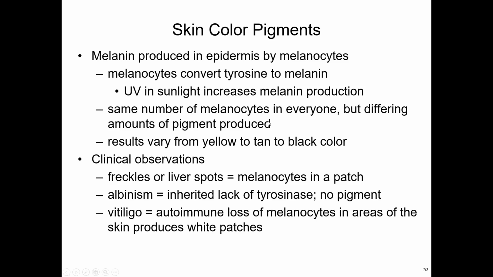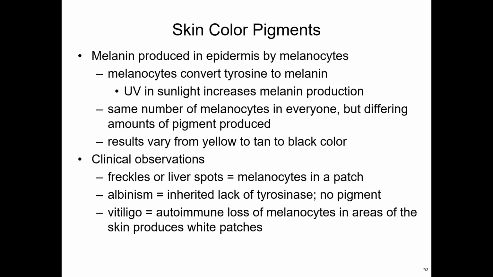It's interesting to know that everybody, regardless of the depth or darkness of brown coloration, has the same number of melanocytes. So how is it possible that some individuals have very dark skin color, meaning their melanocytes produce a lot of melanin, and there are very light skin-colored individuals, and it makes sense that in those individuals, melanocytes produce very little melanin?